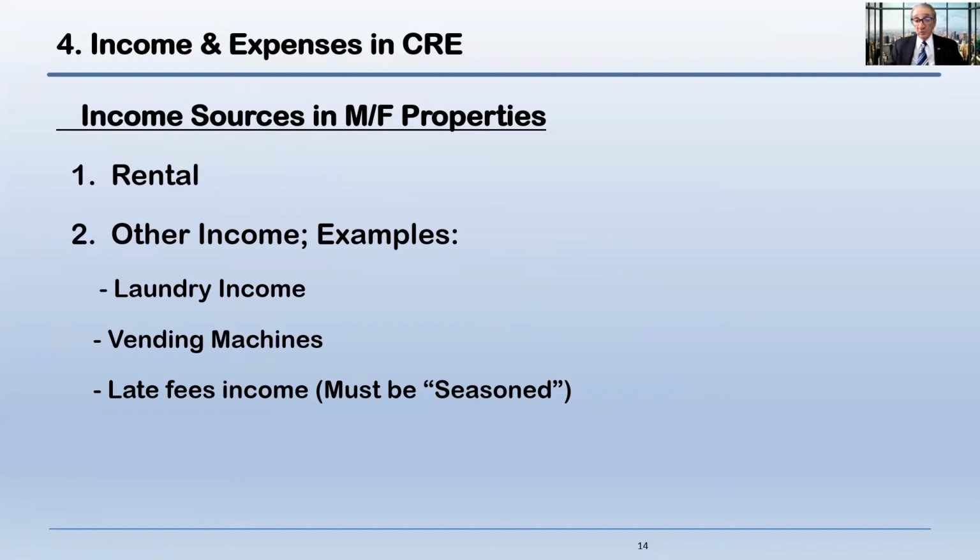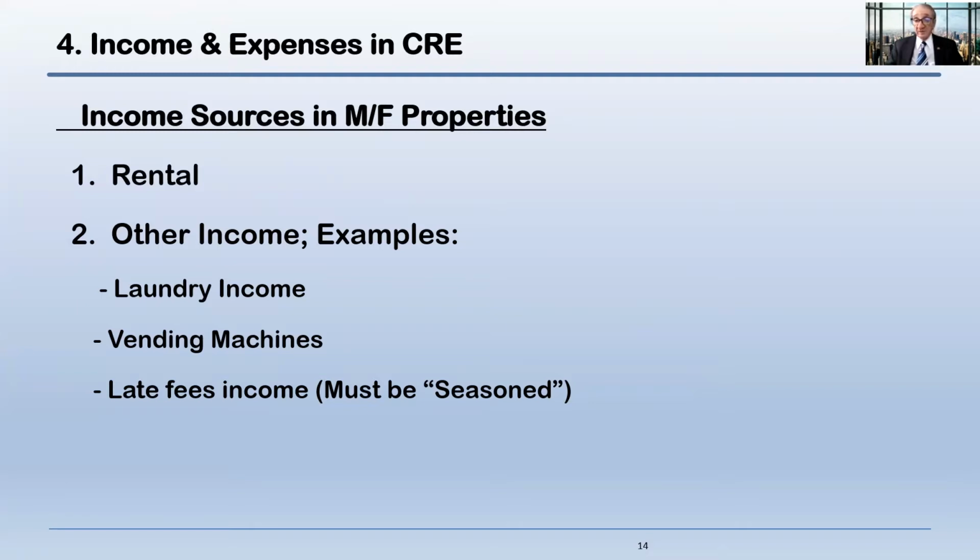If you're dealing with a big enough apartment complex, the bank will take that into consideration, but they insist that this particular income, like late fees, has to be seasoned.